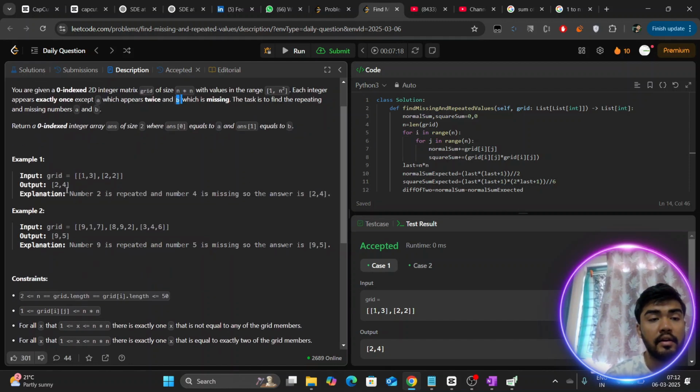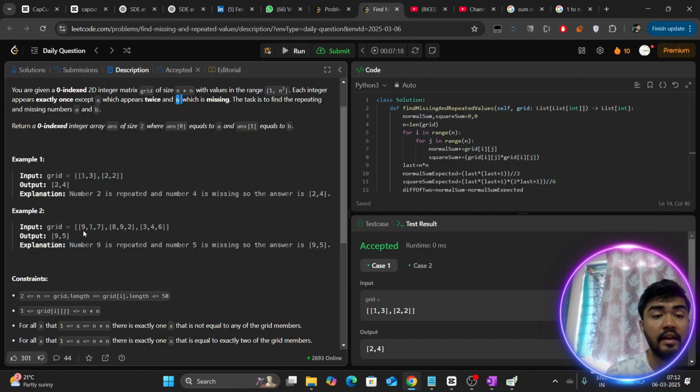From the test case also, that is a 2 cross 2 grid, the numbers should be 1 2 3 4 and all should occur, but due to the logical error 2 has occurred twice and 4 is altogether missed. So we have 2 as the repeated number and 4 as the missing number.